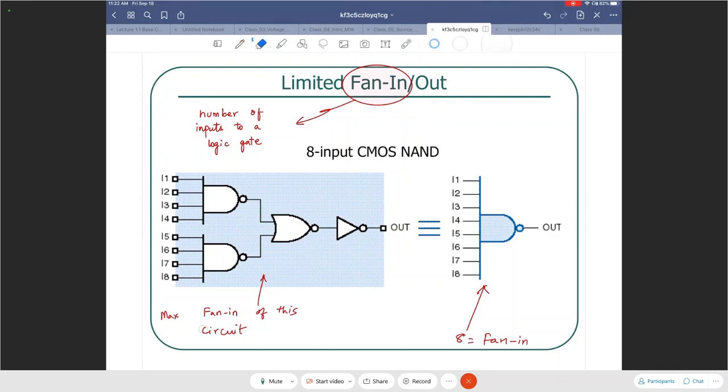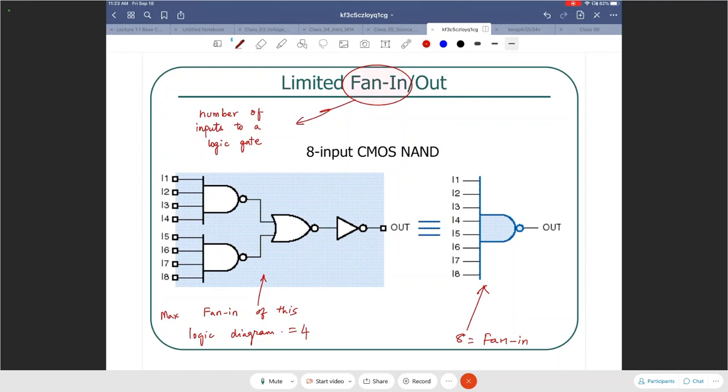Let me call that logic diagram. So it is for a logic gate. 4, yes. So one guy has 4, one guy has 4, one guy has 2, one guy has 1. The maximum is 4. So the max fan in for that particular logic diagram is 4.